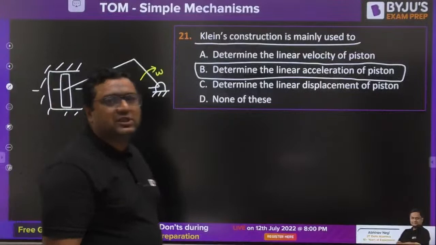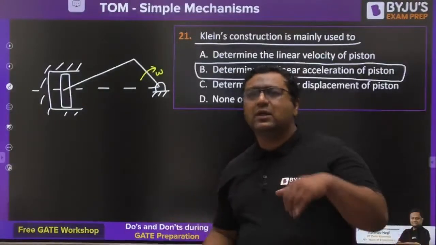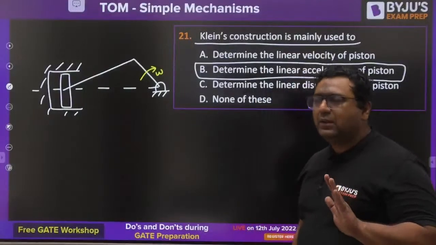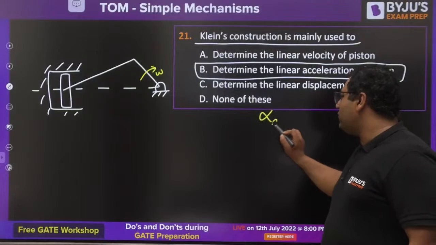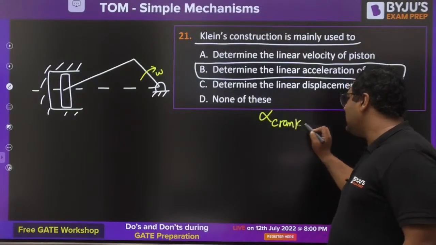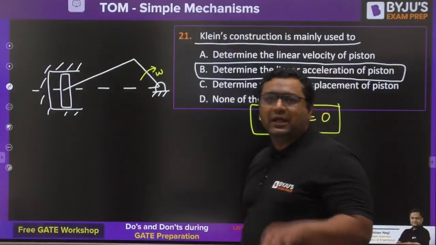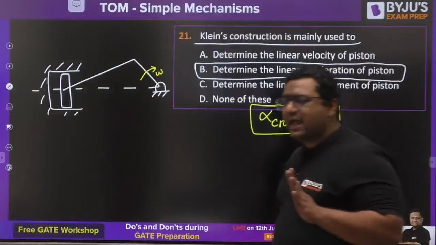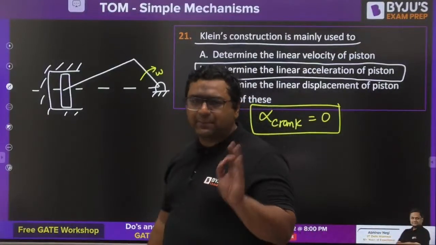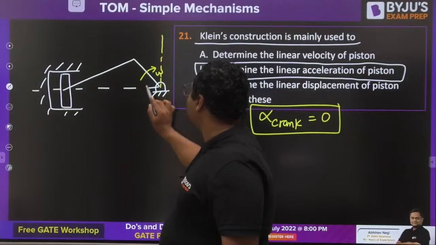Klein's construction was given to find out velocity and acceleration analysis without plotting the velocity acceleration diagram. And for this, alpha of the crank should be 0. That is the condition we assume to apply Klein's construction. If you want to go for velocity analysis or the velocity diagram, the procedure is very simple. Plot a perpendicular to the line of stroke.